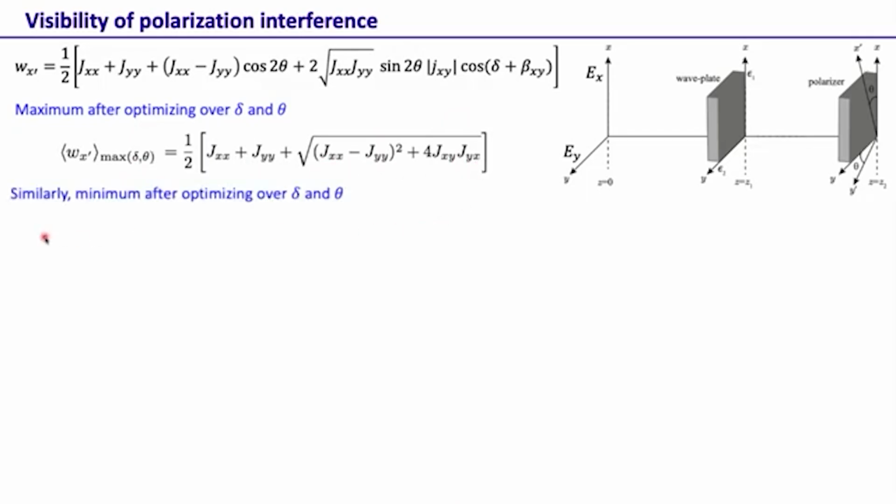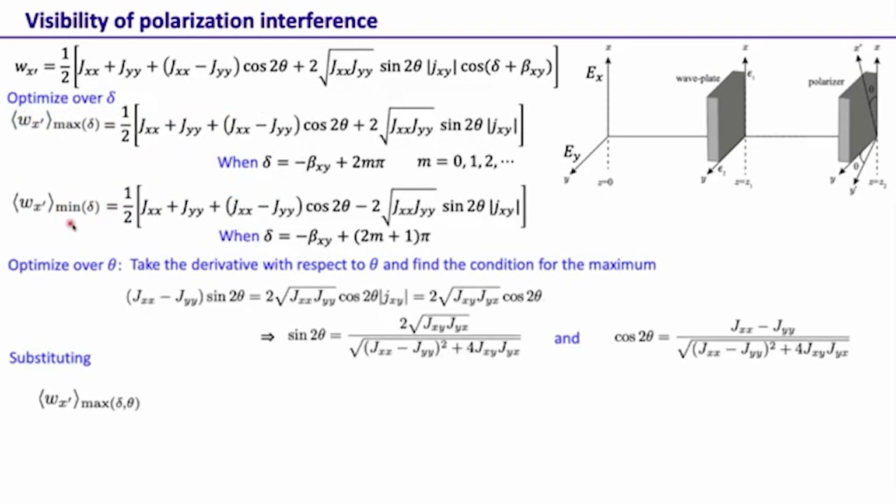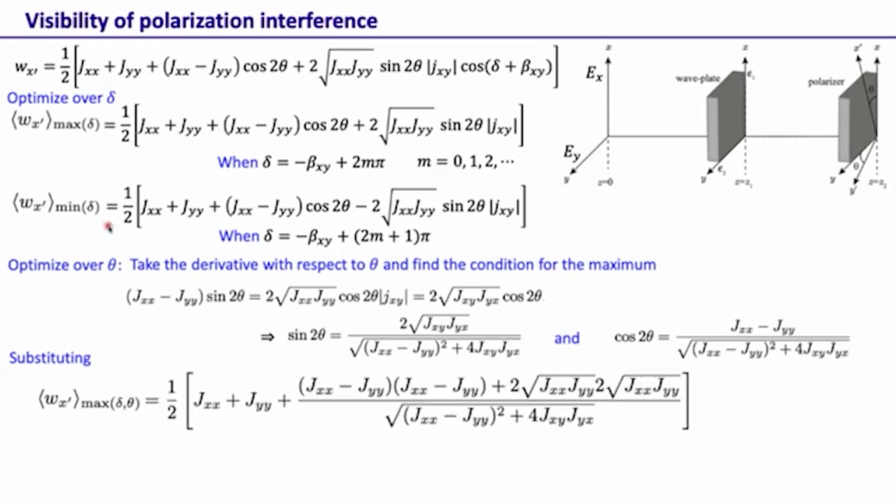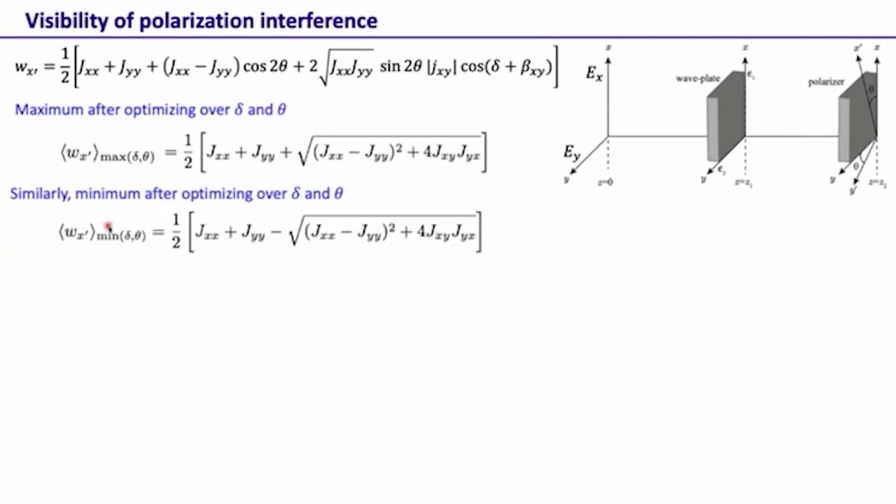Similarly, we can also do the minimization by optimizing over δ and θ, and for that we take the Wx prime expression that we had, take this minimum expression, and then minimize it over θ. If we do that, the expression we get for Wx prime minimized over both δ and θ is this quantity. So this is the maximum over δ and θ, and this is the minimum over δ and θ.